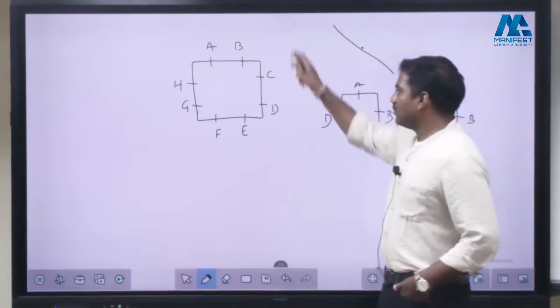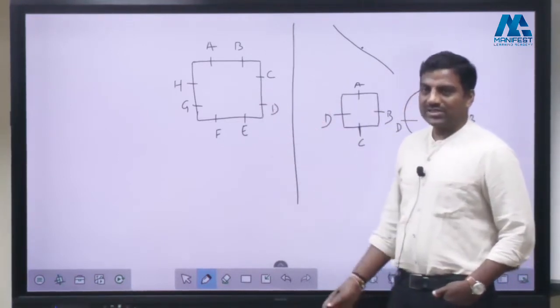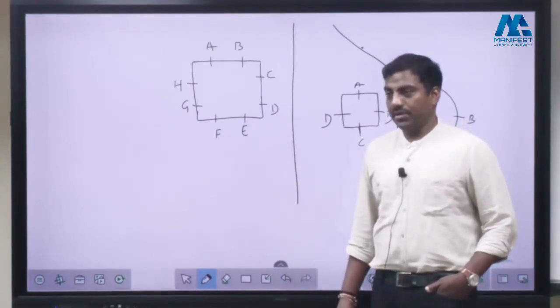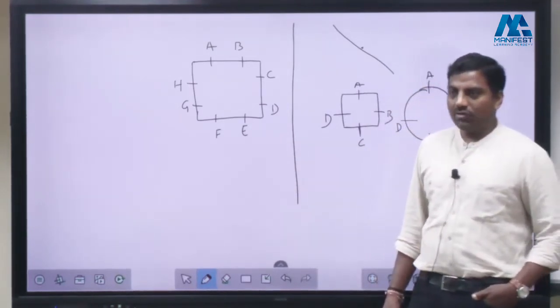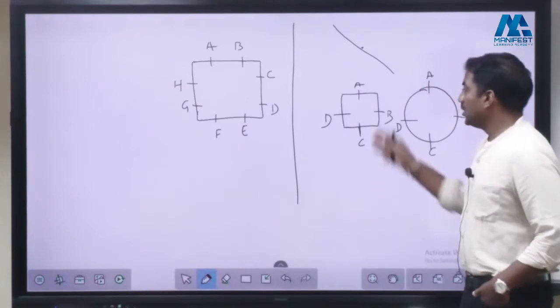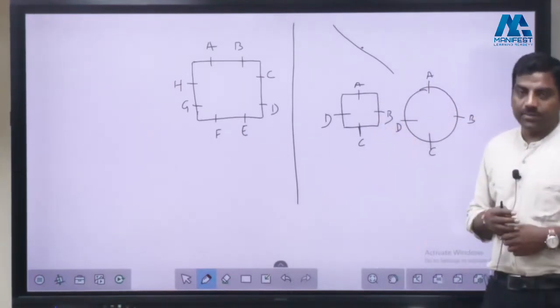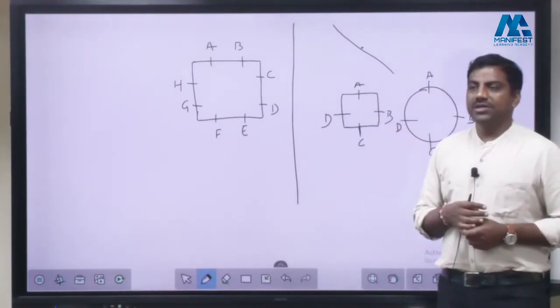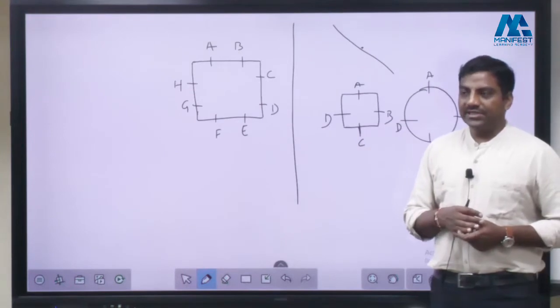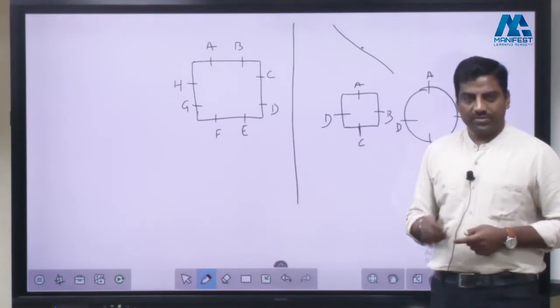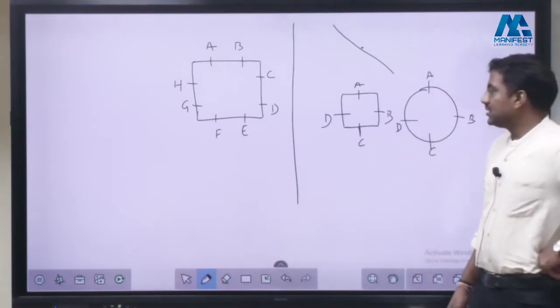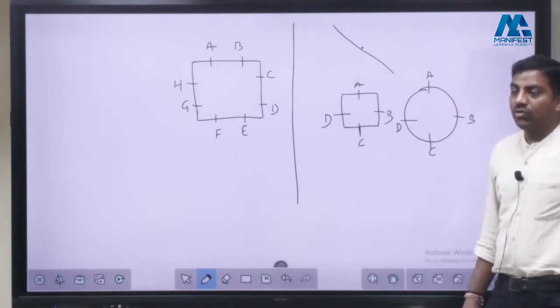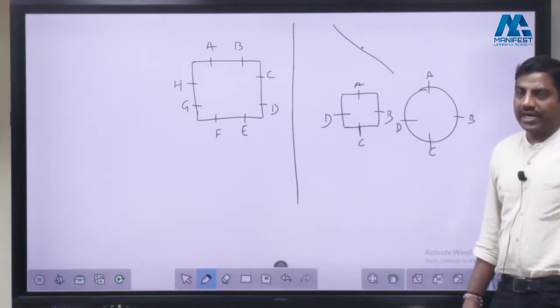So, I am stressing upon this because it is not easy to comprehend. Now tell me, here in this case, A and C are opposite, right? How many persons are there between A and C if you go from any direction? 2 or 1?